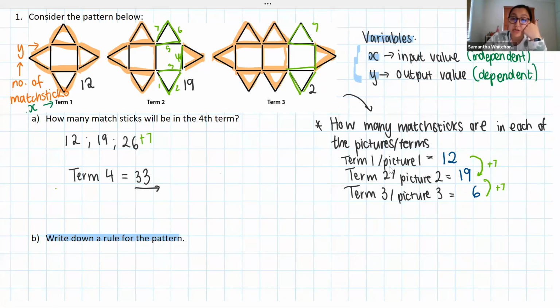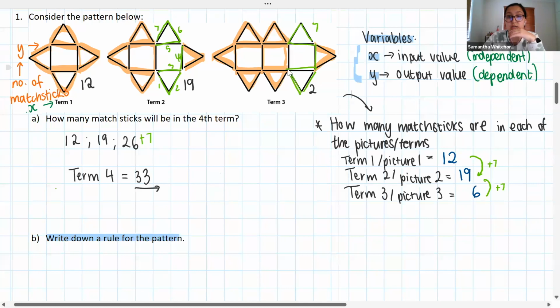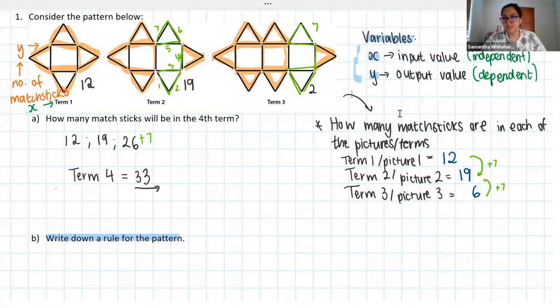So if you are struggling a little bit, you can go back and watch those videos, both the number pattern and Monday's lesson. So let's just be very careful of using our 2 variables. Okay, 30 seconds.